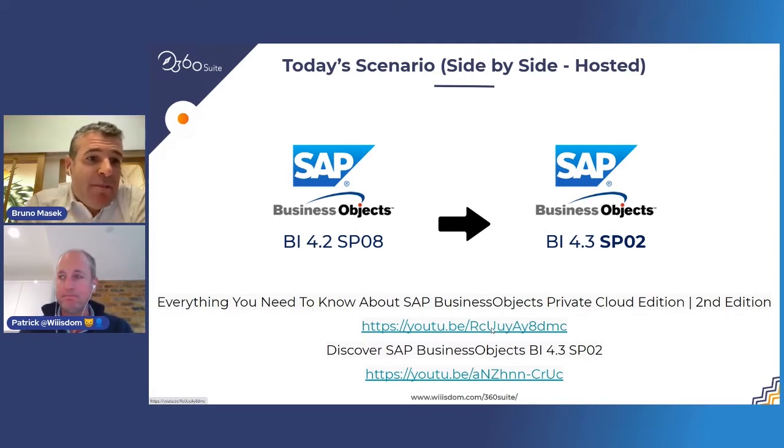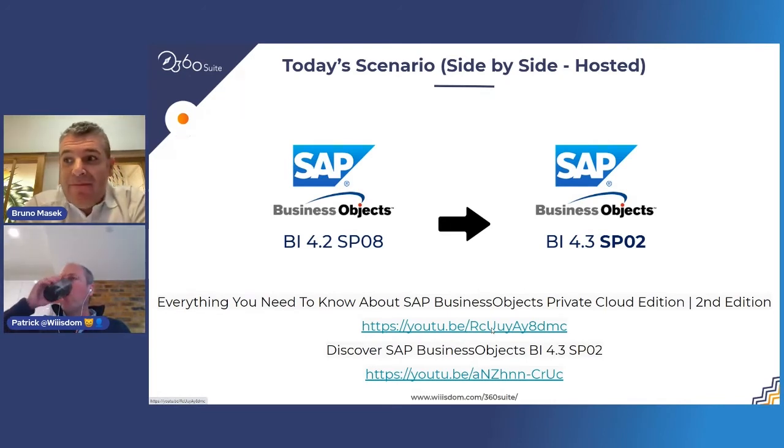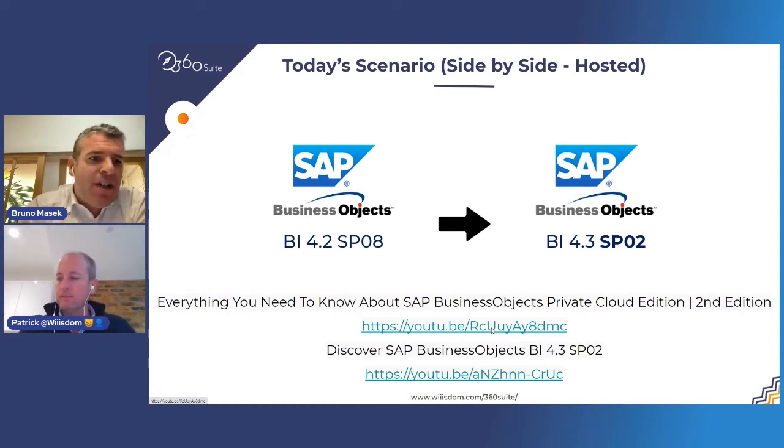Yeah, so PCE, as we were discussing a little bit earlier with Patrick Sims, is overall business objects on hyperscalers such as AWS, Azure, or Google Cloud, as an example, and it's hosted and managed by SAP.